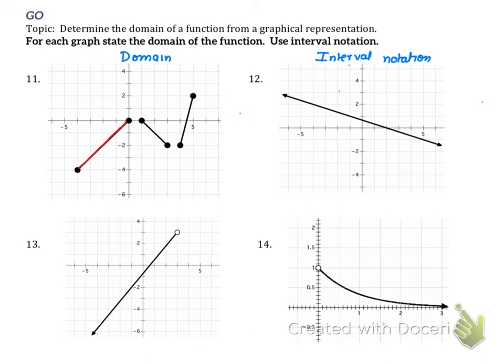And domain, I told you, whenever you have a solid circle, that's a closed one. You use this kind of bracket to show the interval, and if you have an open circle, then you use parentheses to show the interval.